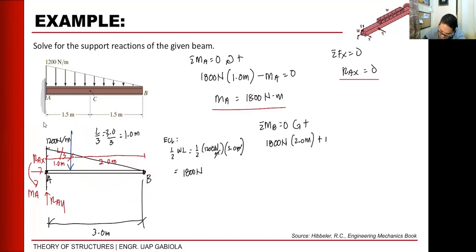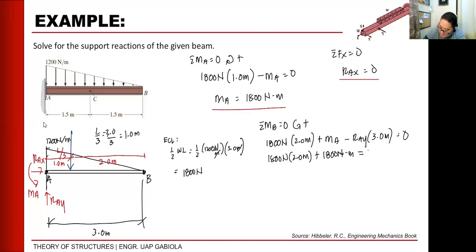So, plus yung moment natin, plus yung RAY natin, which is clockwise na yung direction niya. So, opposing siya ng direction natin. So, hindi dapat plus. Dapat siya ay minus. Minus RAY times yung total distance natin na 3 meters equals to 0. So, substitute natin yung value. 1,800 newtons times 2 meters. Yung MA natin, calculated as 1,800.